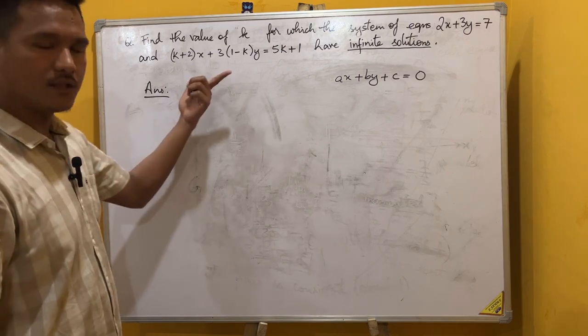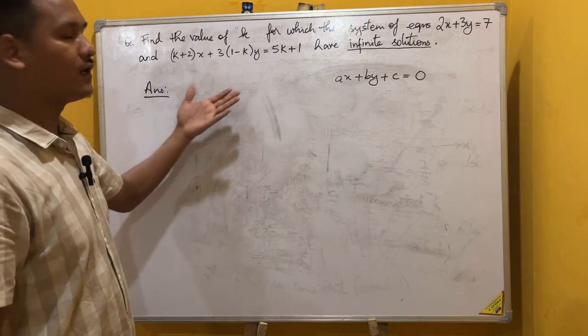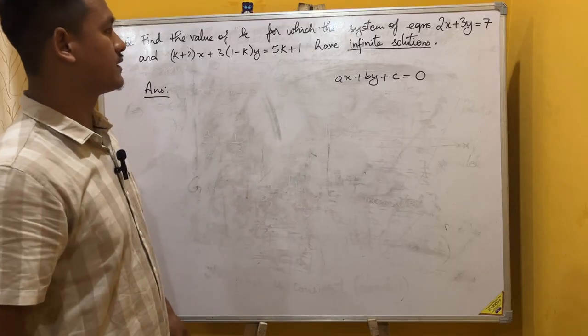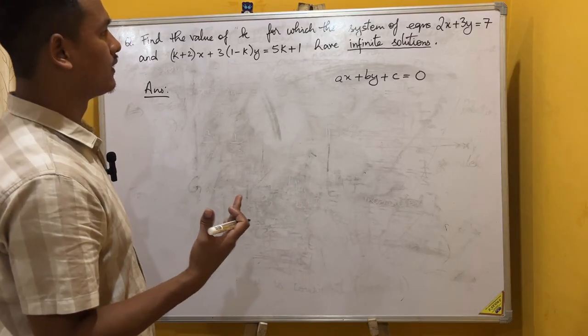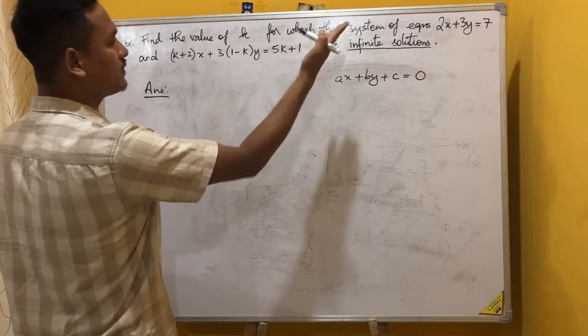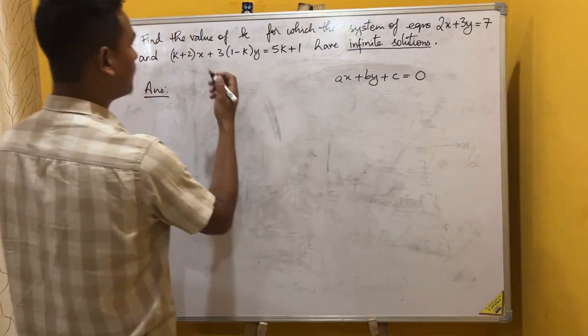So for this case also we'll have to find the value of k where the pair of linear equations have infinite solutions. So how do we do it? First, we'll write these two equations in this form.